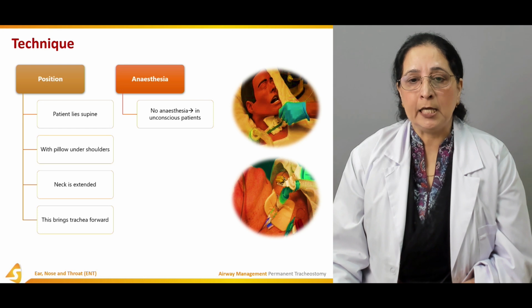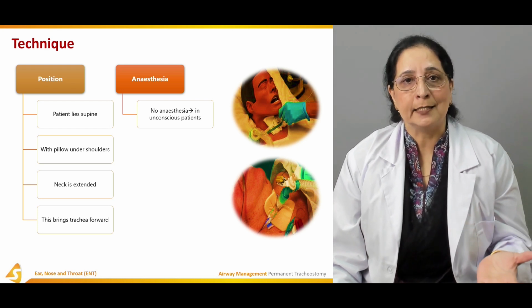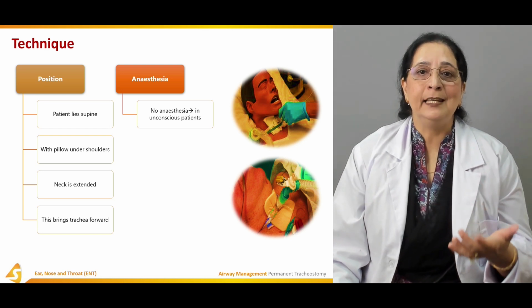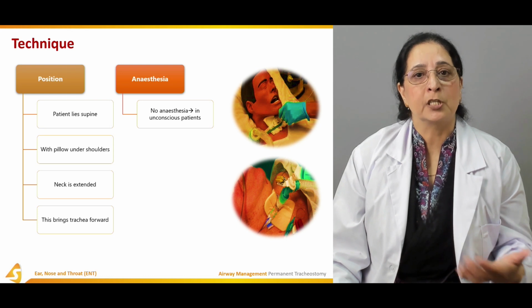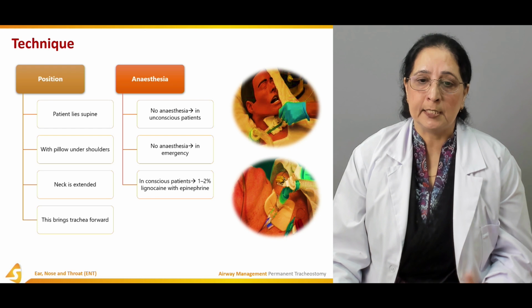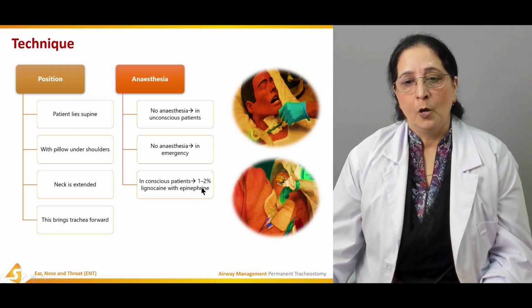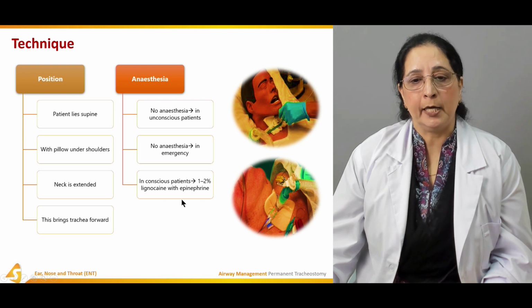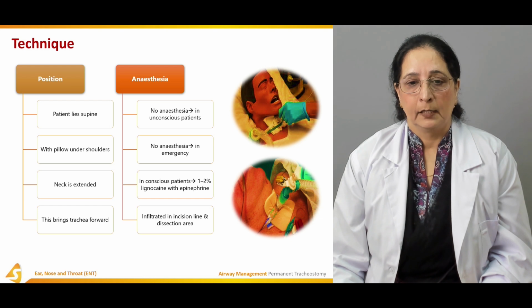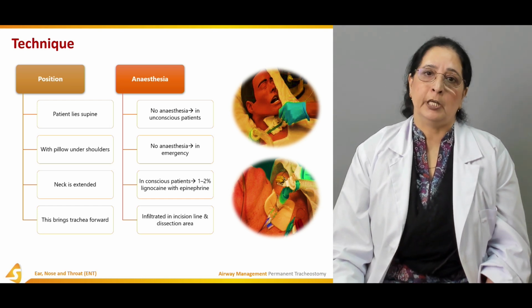Now anesthesia. No anesthesia if the patient is unconscious; the patient cannot feel anything. No anesthesia if it's an emergency. In a conscious patient, what type of anesthesia? 1 to 2% lidocaine with epinephrine is used, infiltrated in the incision line and dissection area.